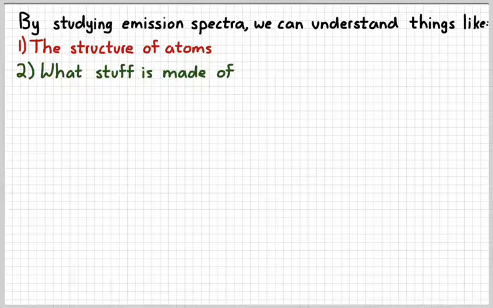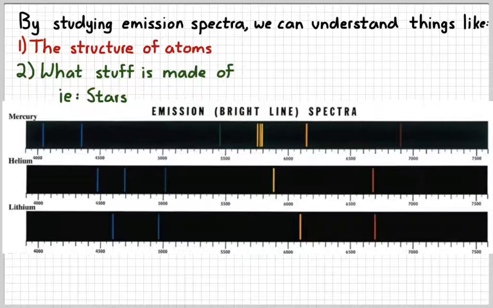Another good example is that this is how we know what stars are made out of. We can study the light from stars, and we can compare it to the light from similar elements that we study here on Earth, and we can play a little matching game. If we see lines that look like this coming from sunlight, then we know that helium must be present on the sun.